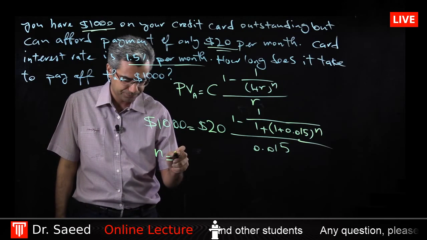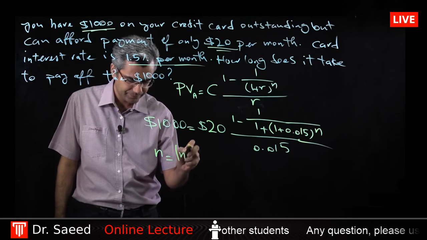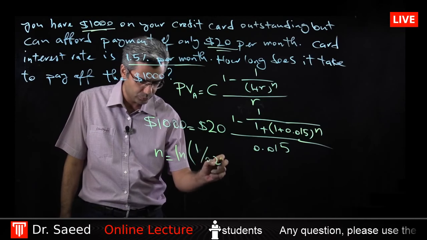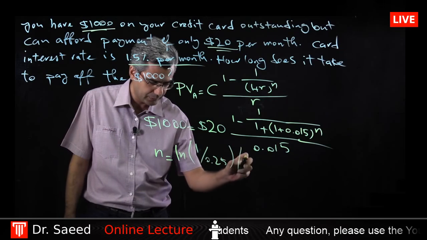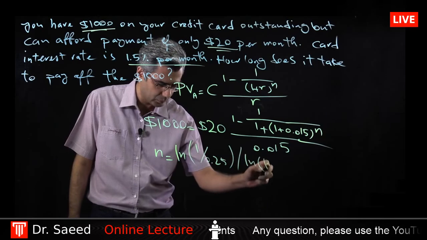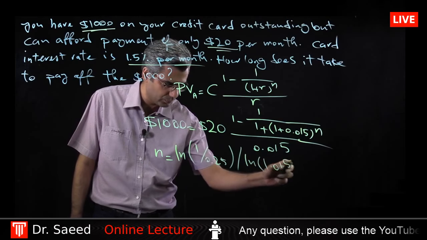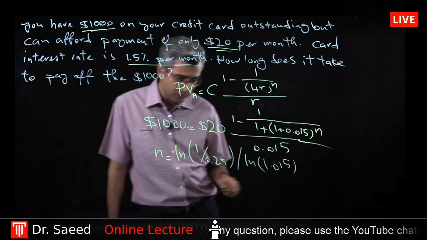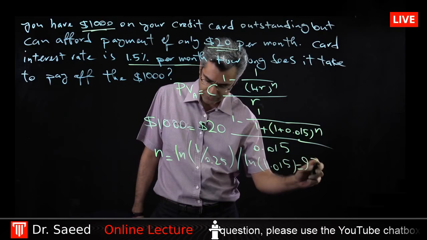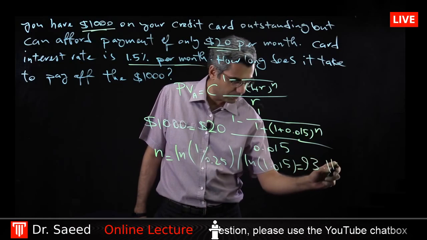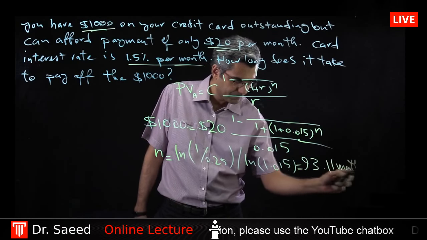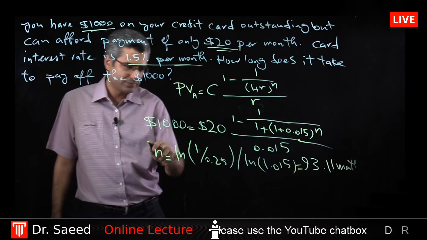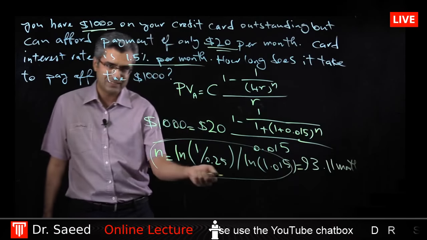So I write ln of 1 over 0.25 divided by ln of 1.015. If you compute, it's 93.11 months. It's a bit difficult, right? This part, if you are not good in math, is a bit difficult.